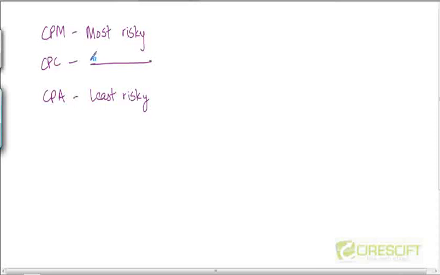And if the person clicks on your ad, it is likely that the person has an interest in you. So you're only paying the publisher for people who have actually expressed interest in visiting your website. So it's less risky than CPM, where you have to pay for showing the advertisement to random people.